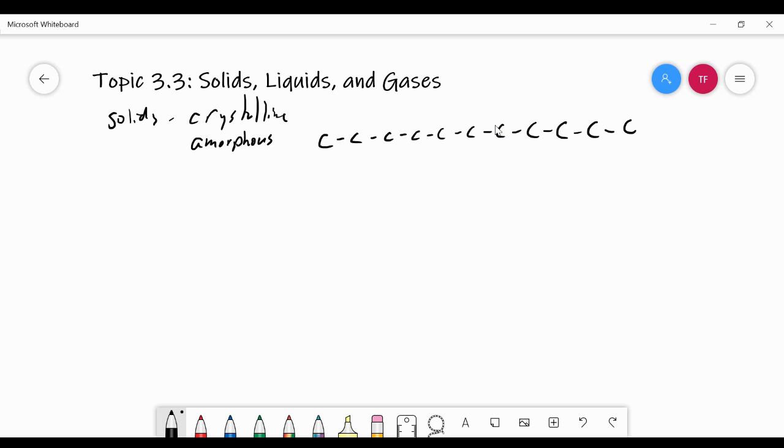Think about spaghetti. That's kind of how these hydrocarbons wrap around one another. So plastics, which are hydrocarbons, and waxes, which are hydrocarbons, tend to form amorphous solids because the hydrocarbons, the carbon compounds, can wrap around one another and they don't form a nice regular repeating pattern between the molecules.